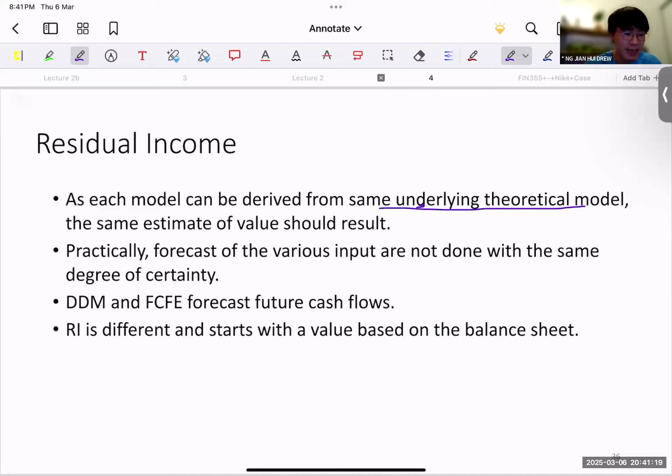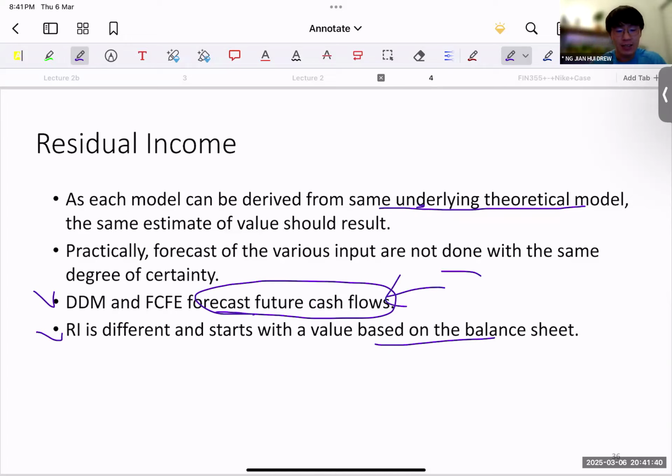The small difference is that your DDM and your FCFE, which both relate to equity, forecast future cash flow. Now, your residual income is different. You start off with a base value in your balance sheet, and then you forecast the residual component, which generally is a smaller component. Unlike this case, where the terminal value is usually the largest component of your valuation.